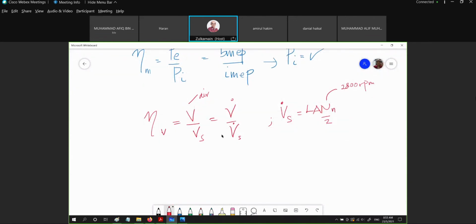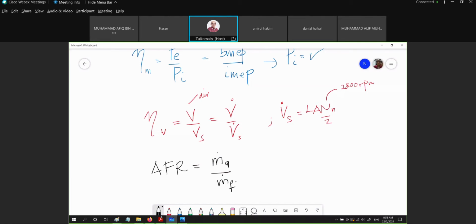So maknanya dalam kes ini kita tak boleh dapatkan kita punya volumetric efficiency because it's not given any parameter for the air. Tetapi kalau kita diberikan air fuel ratio, let's say they're given the air fuel ratio. The air fuel ratio is campuran di antara air dengan fuel.